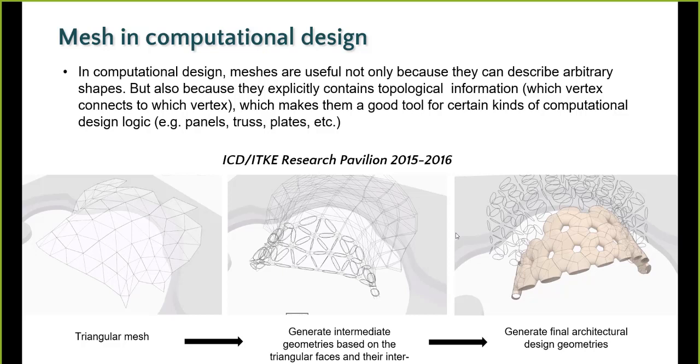When they were changing the form, they could work with simple geometry to make more complex geometry happen. So it's a good setup. Similar to how control points adjust the surface, a mesh can be used to adjust more complex design geometry. So that's really helpful in some cases.